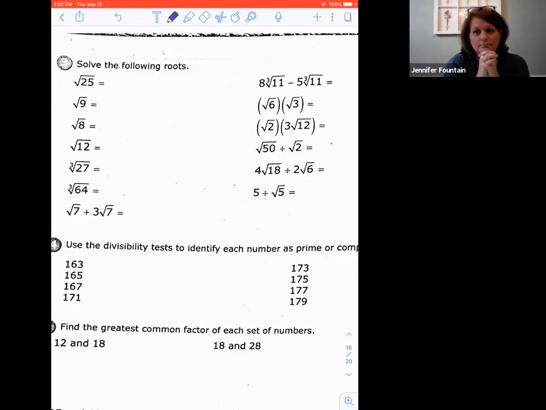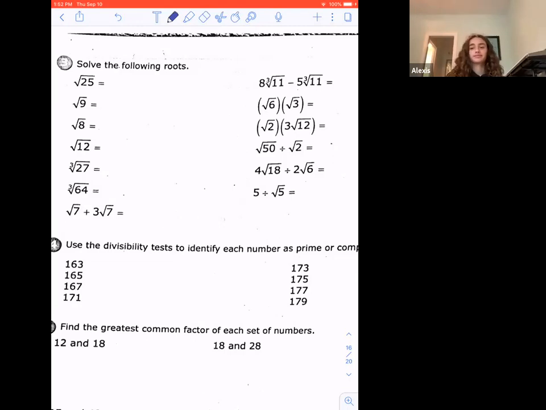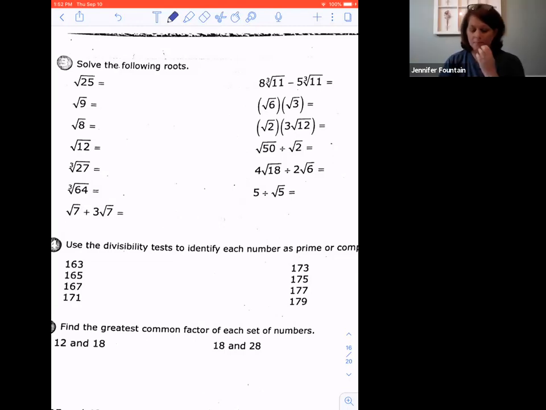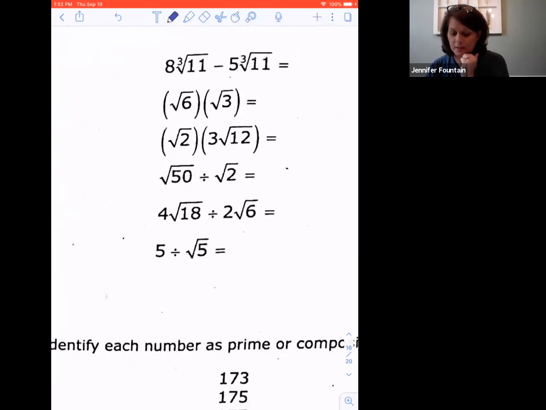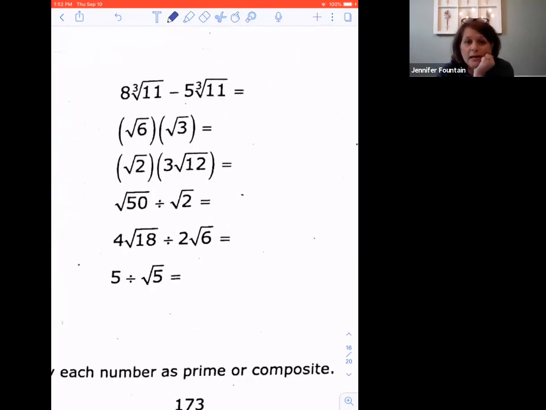I need help. All right, which one? With the 6 times 3. Okay. So remember when I multiply, I can put those underneath the same radical and have 6 times 3.